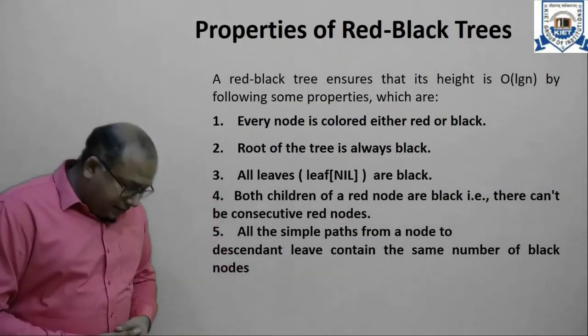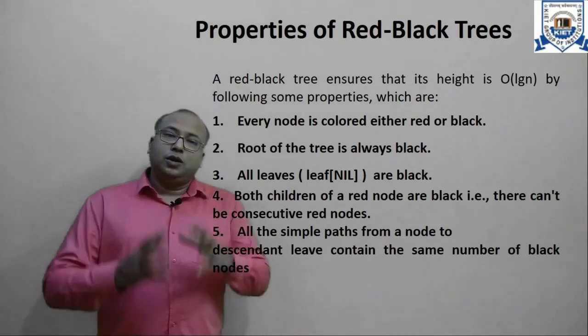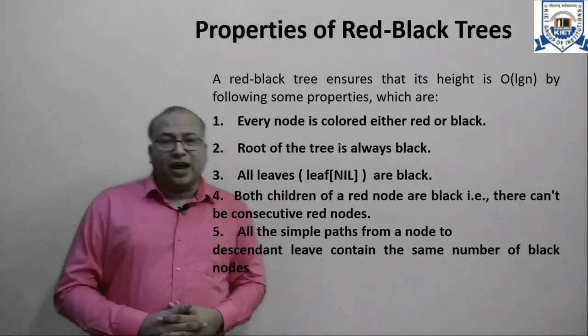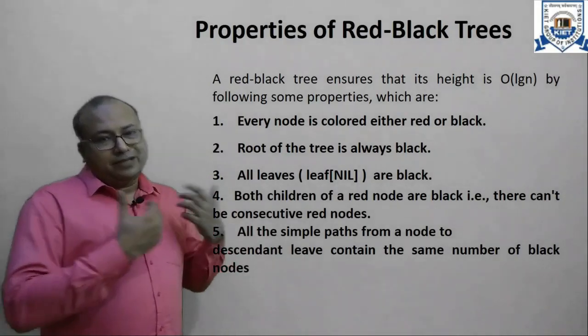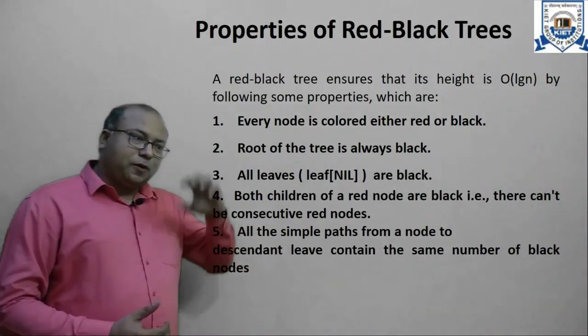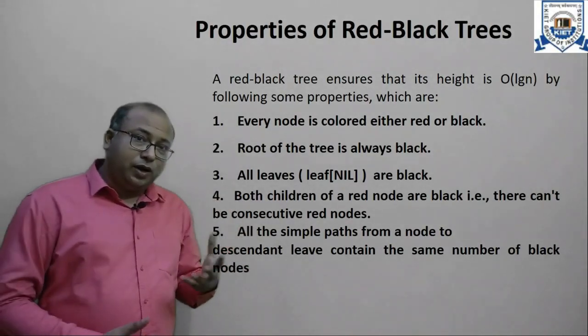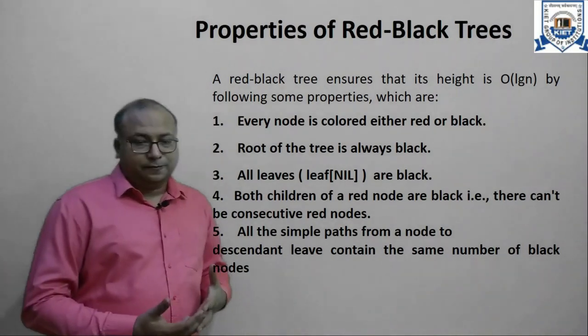The red-black tree has 5 properties, and it is my suggestion to all of you to always memorize all these 5 properties in the order in which I am presenting them to you. The property number 1 should remain the property number 1. There is no need to resequence these properties.